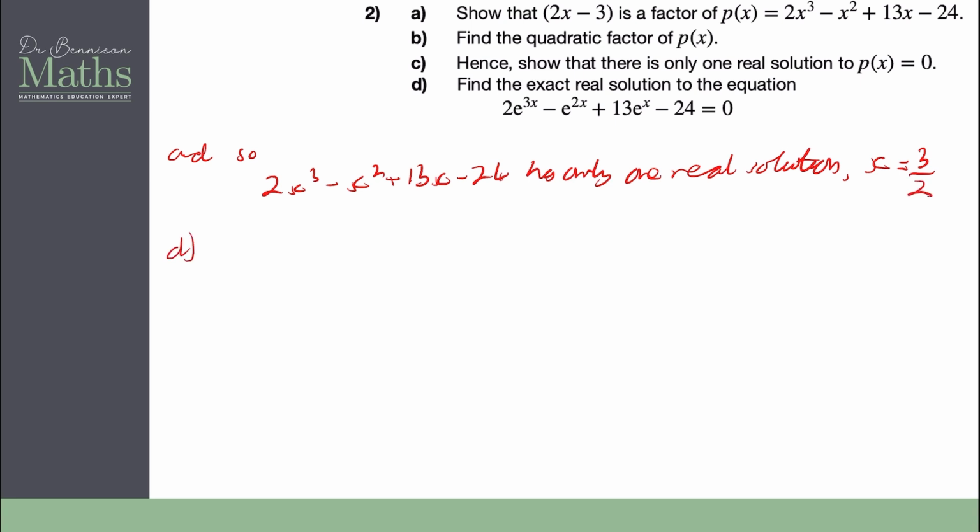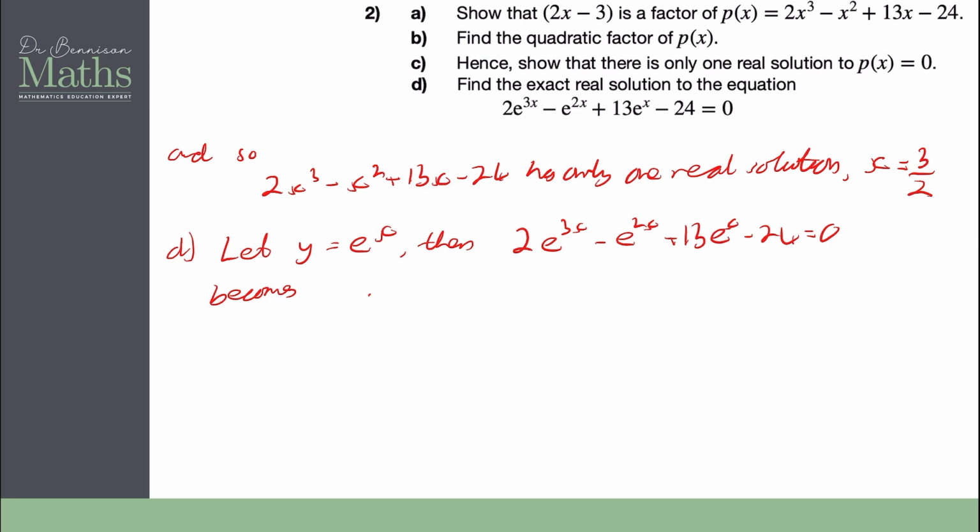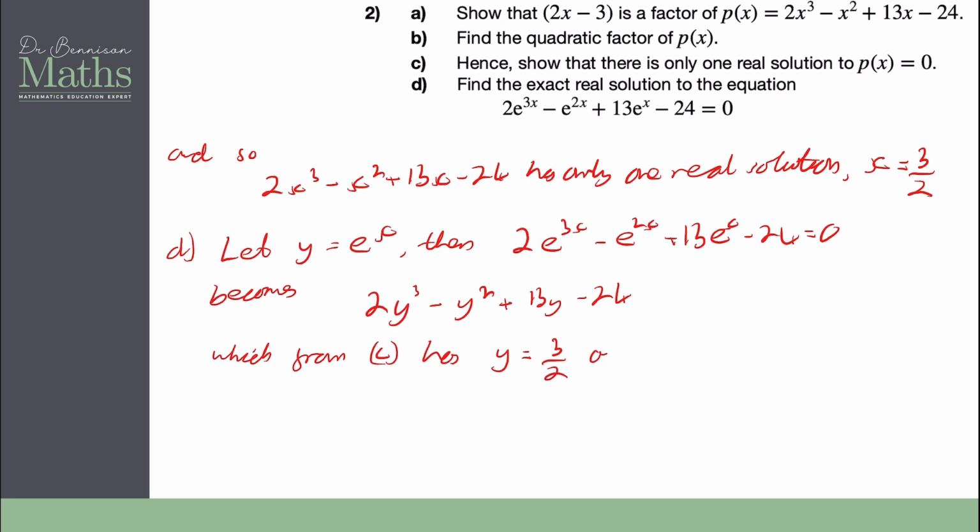Part D then, it's a disguised quadratic. So if I let y equal e to the x, then the equation 2e to the 3x minus e to the 2x plus 13e to the x minus 24 equals 0 just becomes 2y cubed minus y squared plus 13y minus 24, which from part C has y equals 3 over 2 as a solution.